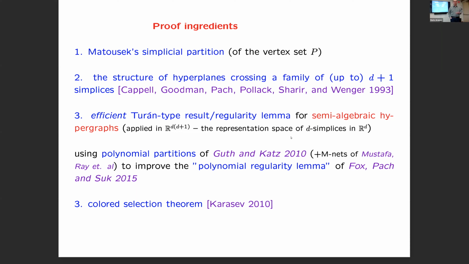So we are going to use semi-algebraic results in a certain parametric space used to represent simplices, and this uses polynomial partitions, inspired by the machinery of Mustafa and Ray, to improve the so-called polynomial regularity of Fox, Pach, and Suk. So this is used eventually to obtain a much better selection exponent.